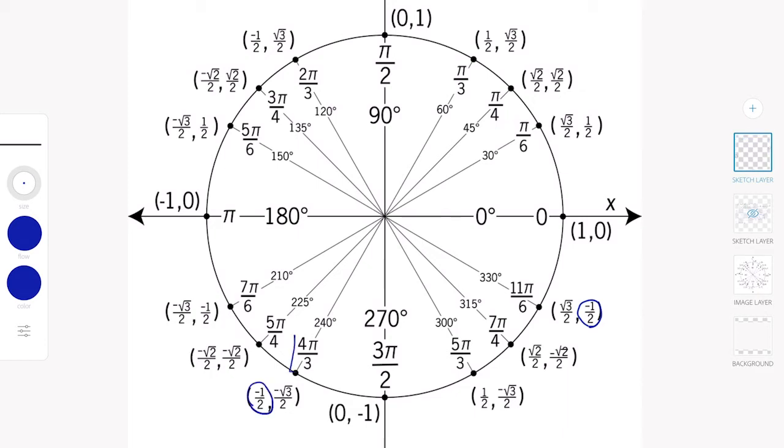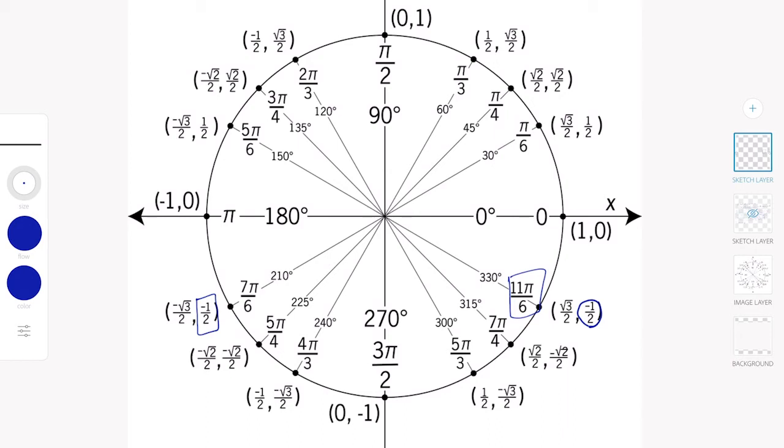So at 7 pi over 6 and 11 pi over 6, we have sine of that angle equal to negative 1/2.